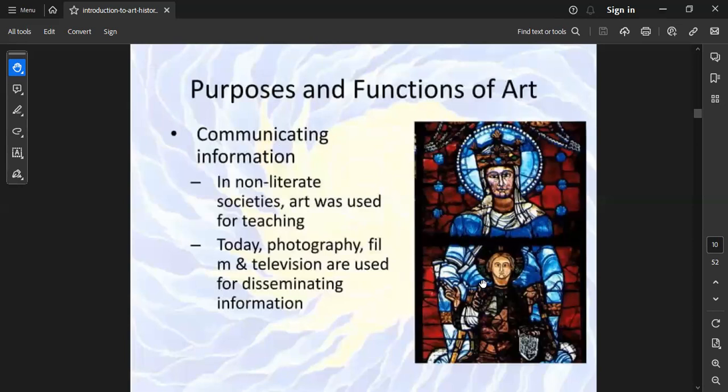Now, what is the purpose and functions of art? Right, the key function of art is communication. And probably the best example is a poster, or you can also take these glass paintings that you find in the churches. That it is based on the Gospels or the life of the Christ, because it is easier to spread the stories through visuals.